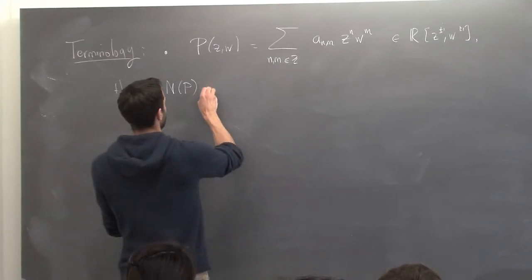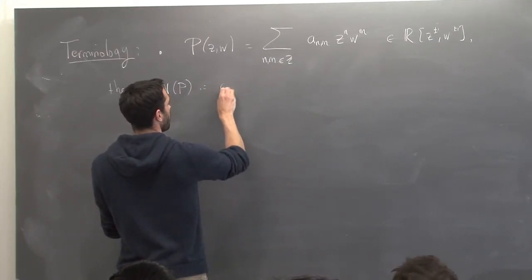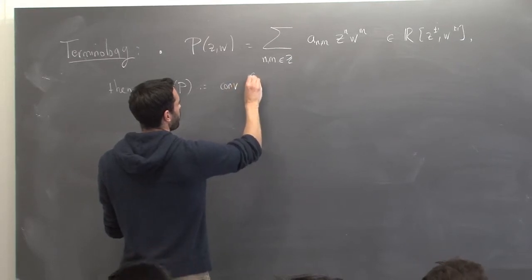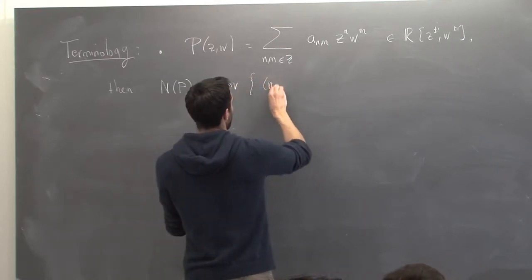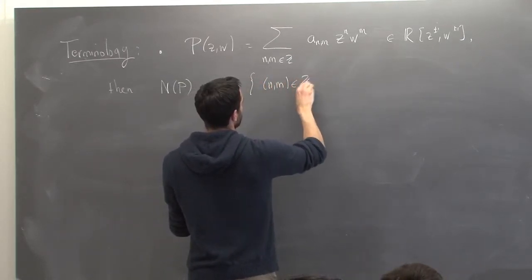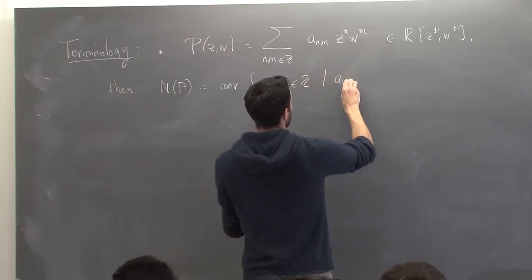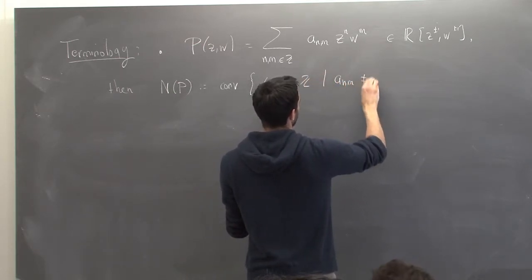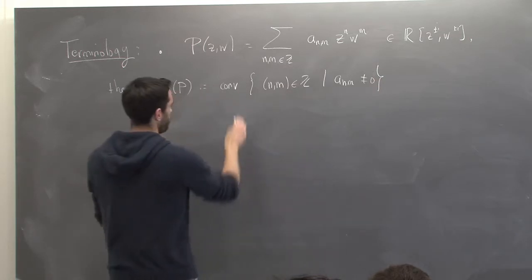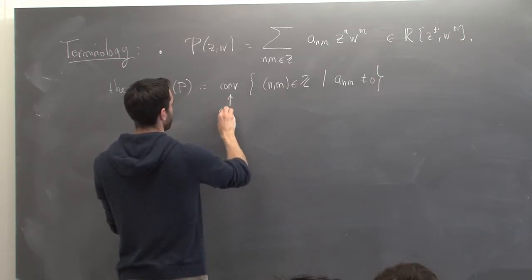By definition, this is the convex hull of all the (n,m) in Z² such that a_{nm} is not 0.